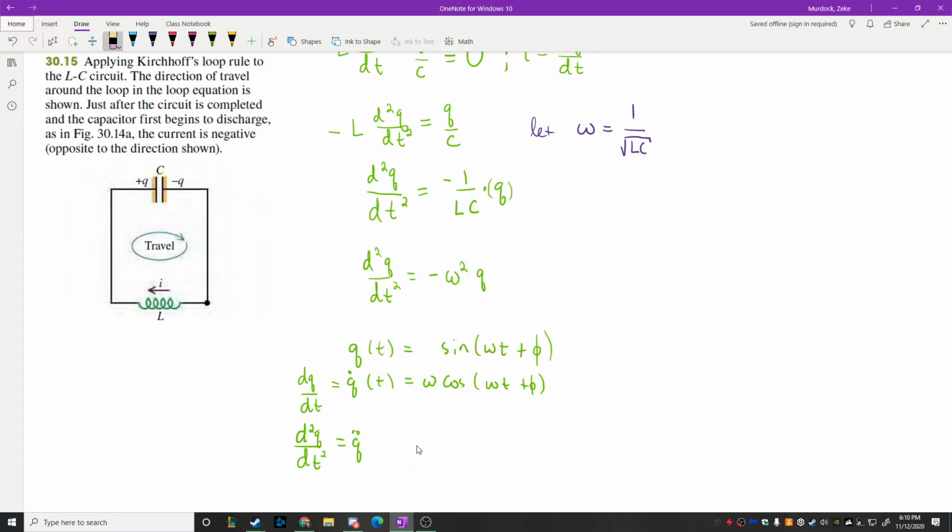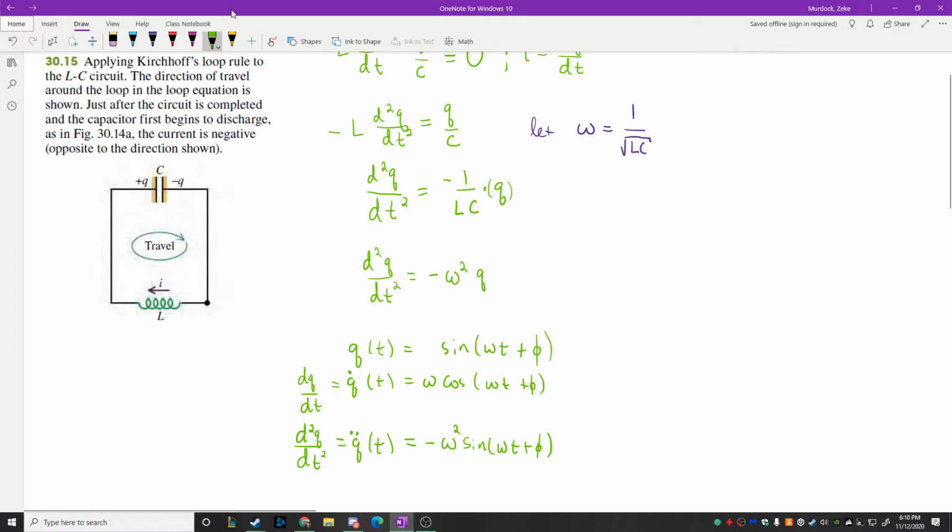It doesn't look the way it should. So it's a dot and then another dot. This derivative is going to be negative, and there's still going to be an omega there. The derivative of cosine would be sine, and then you'd have the derivative of the inside with respect to time, which would give you another omega.